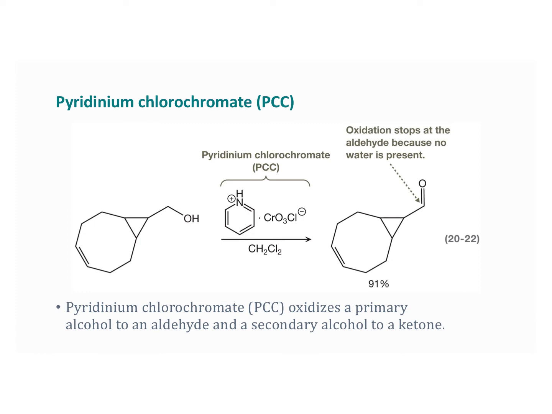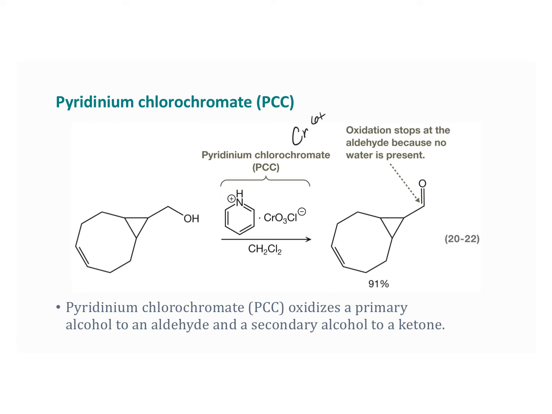okay? So this will oxidize a primary alcohol to an aldehyde. It will also oxidize a secondary alcohol to a ketone. Now, PCC, I want you to look at this. It contains the same chromium 6+ species as chromic acid, okay?